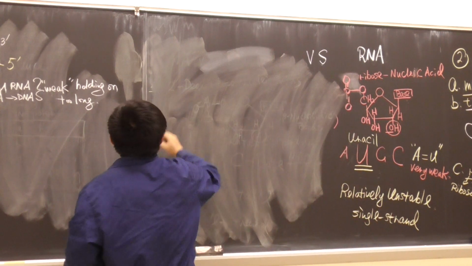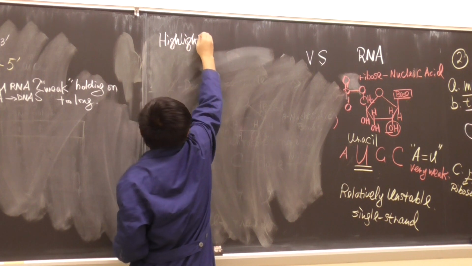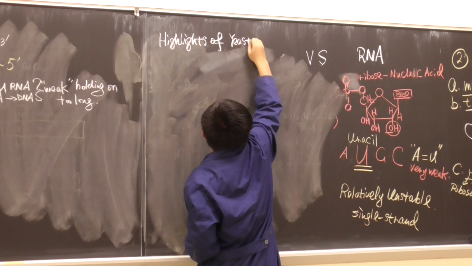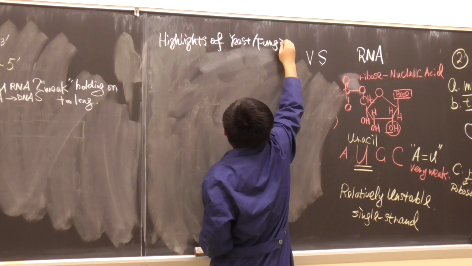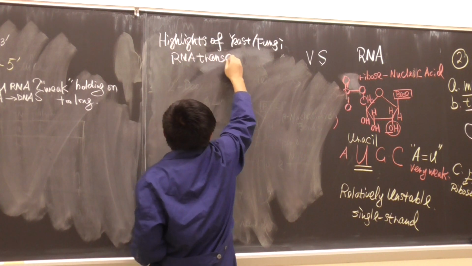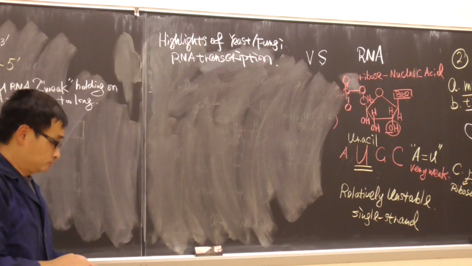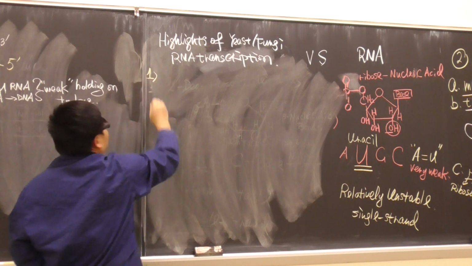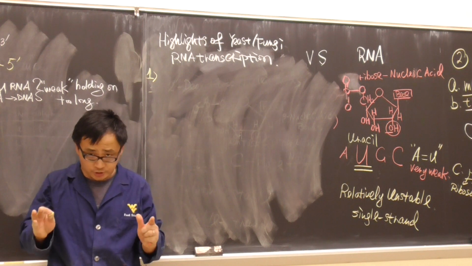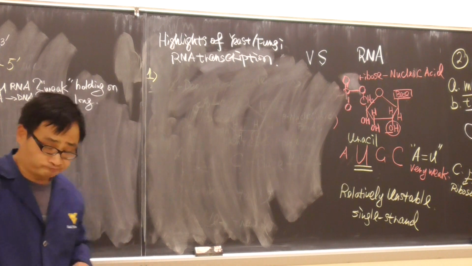So we want to talk about some of the highlights of, for me, yeast and fungi RNA transcription. Okay, what are the highlights then? Number one, as you know, the eukaryotes, their function is more divided, more classified, which means more individual.